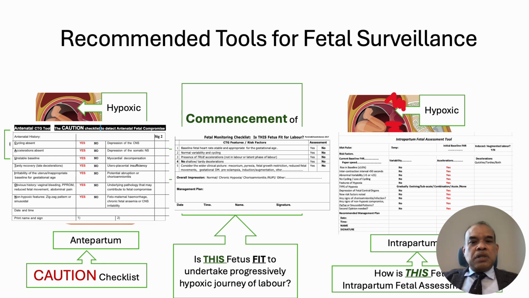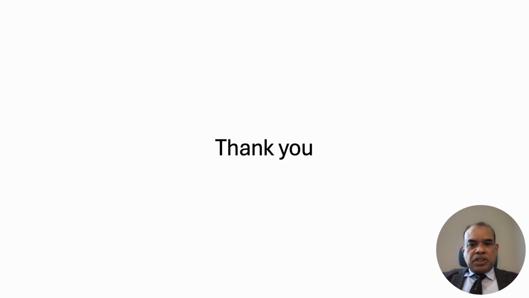So these 3 tools are there to help us with optimizing fetal surveillance right from the antenatal period and also at the onset of admission for induction of labor or with contractions, as well as during labor, so that we do not miss these fetuses by illogically classifying them into normal, suspicious and pathological.